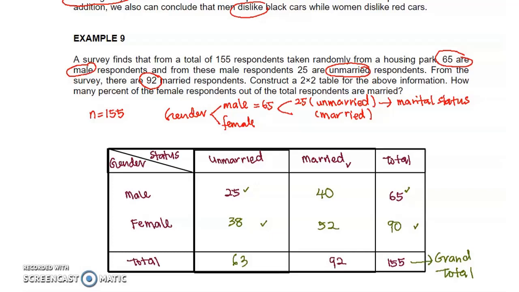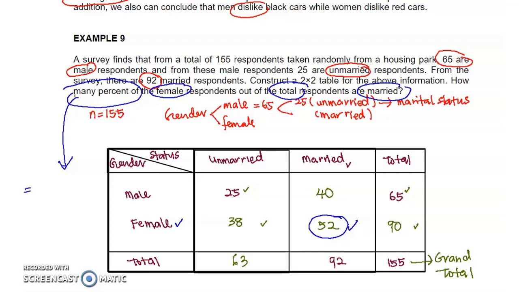From the question just now, it asks how many percent of female respondents out of the total respondents are married. So look for female who are married. Female married total is 52. How to answer this question? I put the answer here.